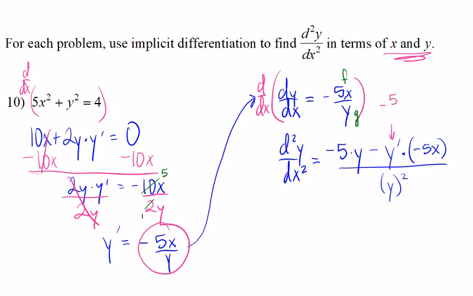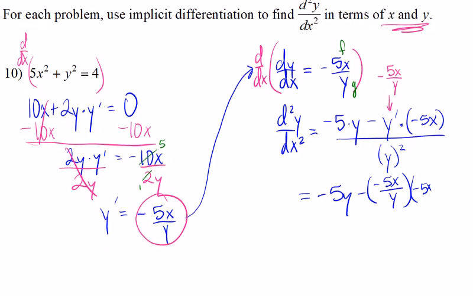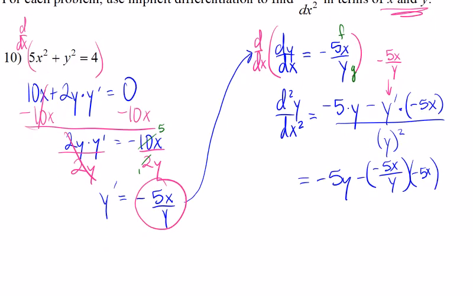We're going to substitute negative 5x over y in for y prime, and that'll get everything in terms of x and y, okay? So then that'll be negative 5y minus negative 5x over y times negative 5x, all over y squared, okay?